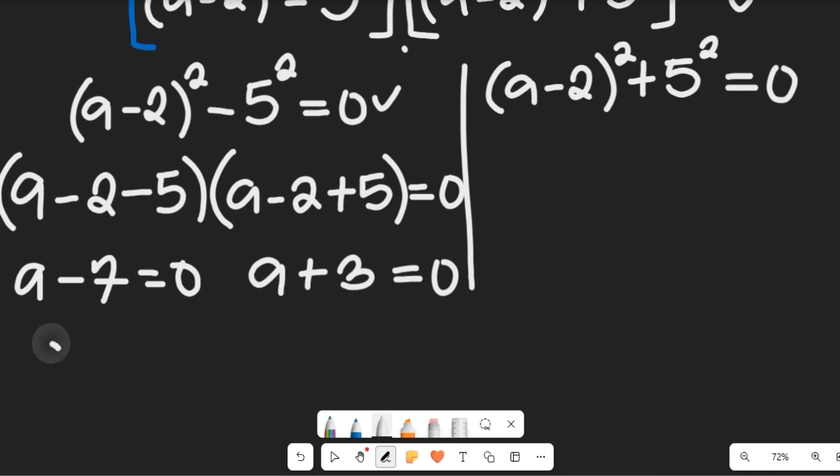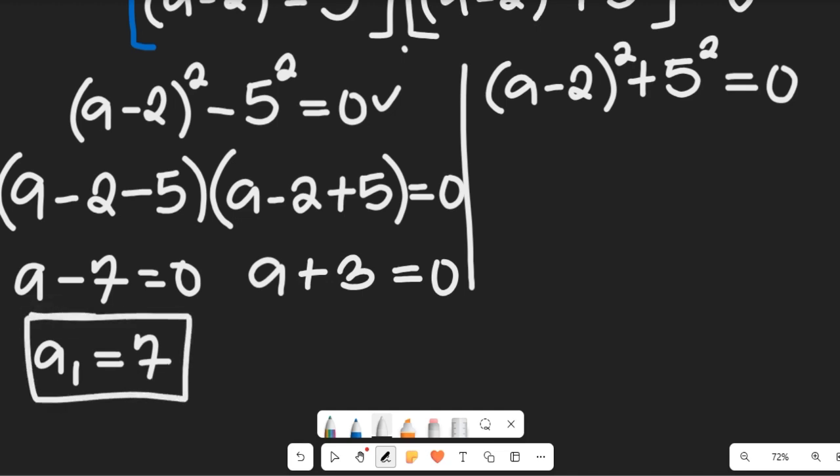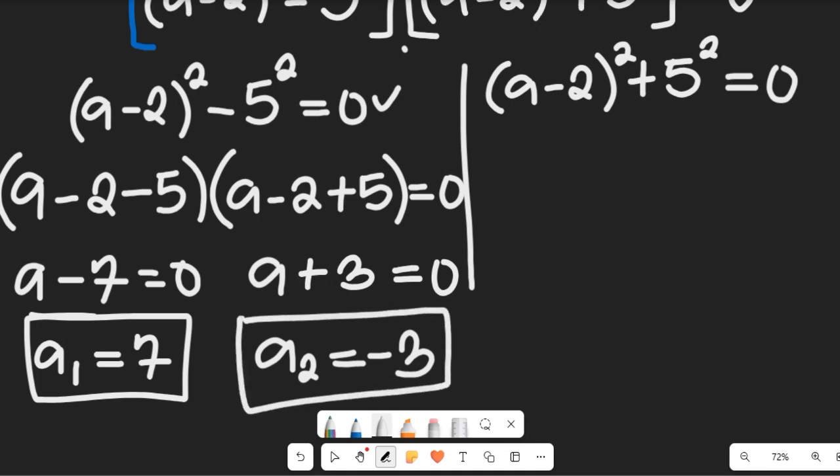Now, if we simplify this, you see that our A1 will simply be equal to 7, which is the first real solution to that expression, and our A2 will be equal to -3, which seems to be the second solution to that expression given to us.